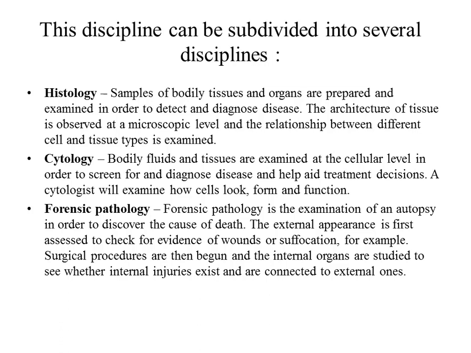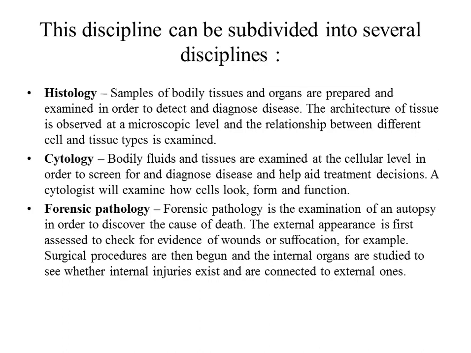Forensic pathology. Forensic pathology is the examination of an autopsy in order to discover the cause of death. The external appearance is first assessed to check for evidence of, for example, suffocation.